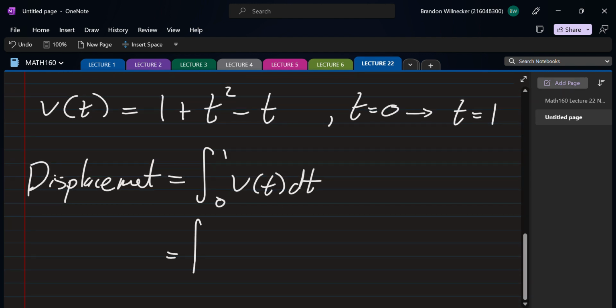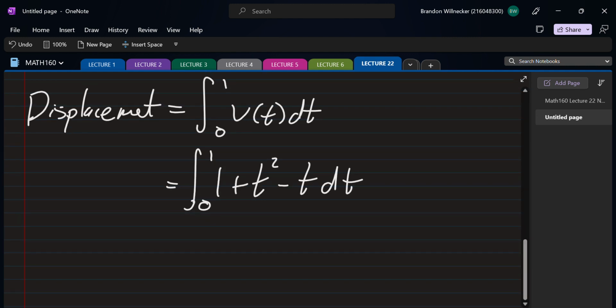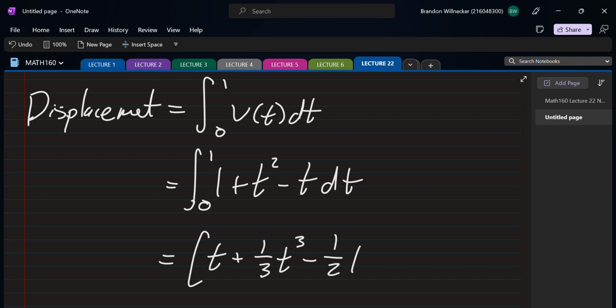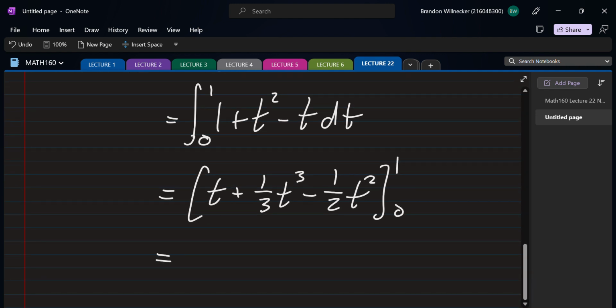So this is going to be the integral from 0 to 1 of 1 plus t squared minus t dt. This is quite simple to do. Again, just take the antiderivative. That's t plus 1/3 t cubed minus 1/2 t squared from 0 to 1. If we substitute 0, we're just going to get 0, so we don't have to worry about that.